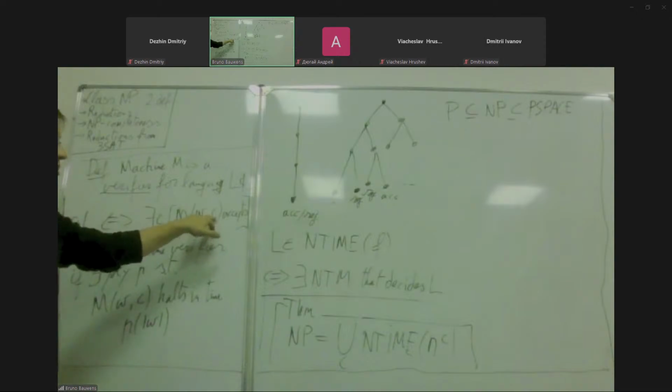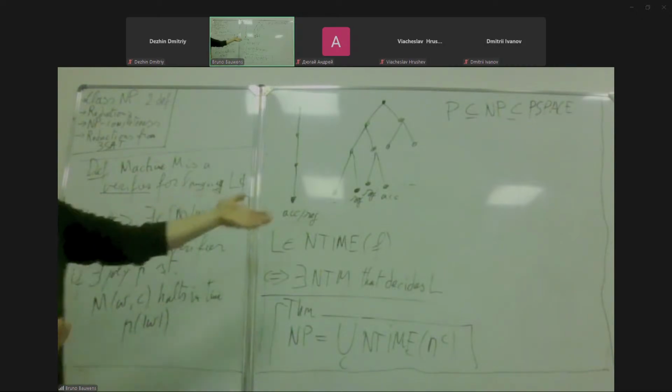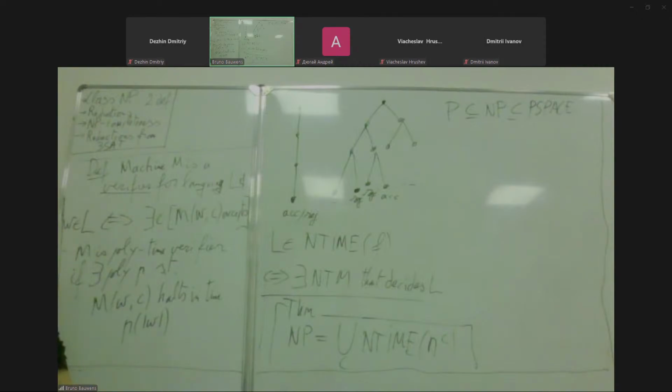And then we can brute force all certificates. Since the certificate has polynomial size, brute forcing over it requires polynomial space. And so we just keep a counter, increase it, and then run the polynomial time decider, polynomial inside the first argument.